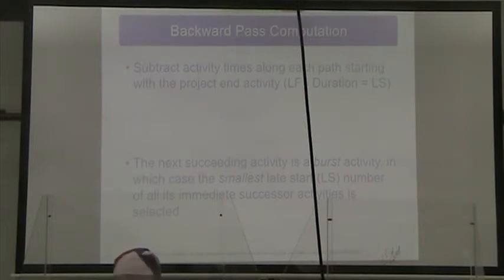When we do the forward pass, if we have a merge activity, we're choosing the largest early finish time. If we are doing the backward pass, when we get to the burst activity, we're using the smallest of the late start times.